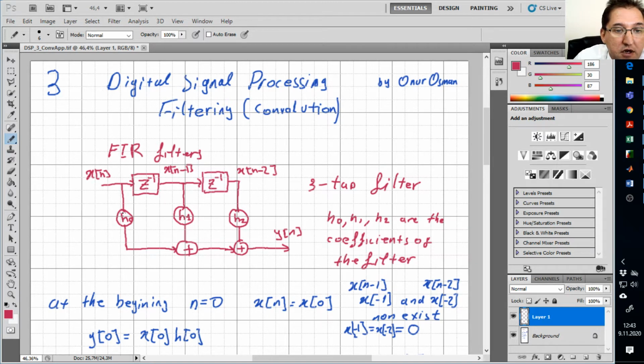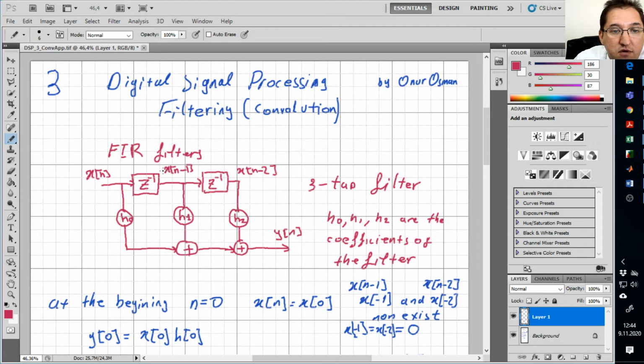Here h0, h1 and h2 are the coefficients of the filter. We have three coefficients, therefore we can say this is a three-tap filter, and the outputs of the delay elements are the previous inputs.